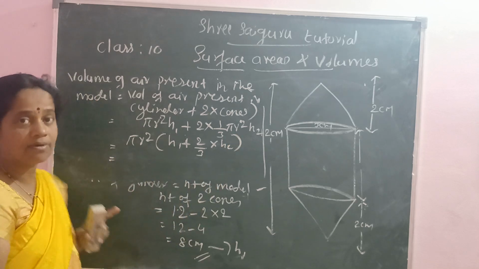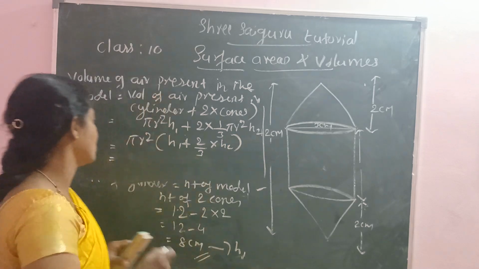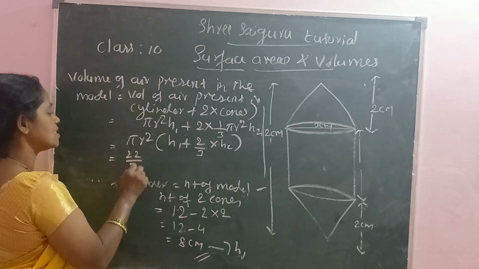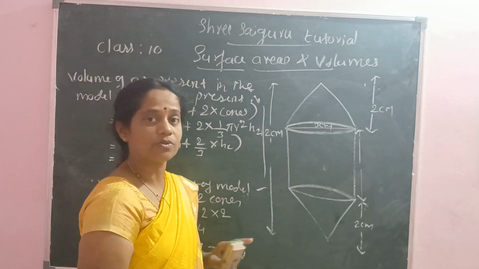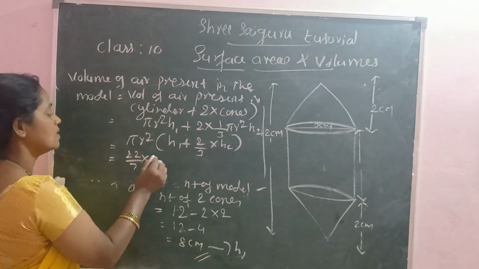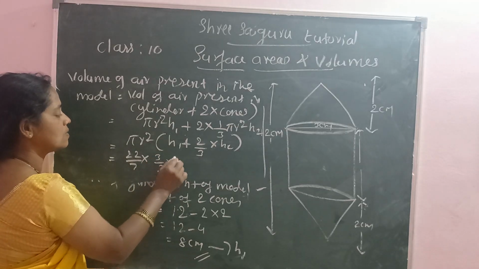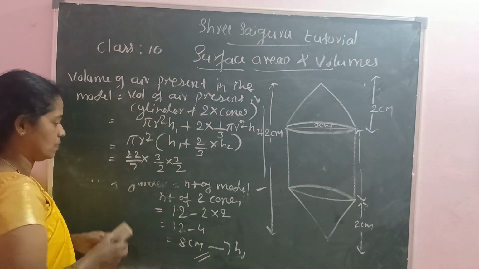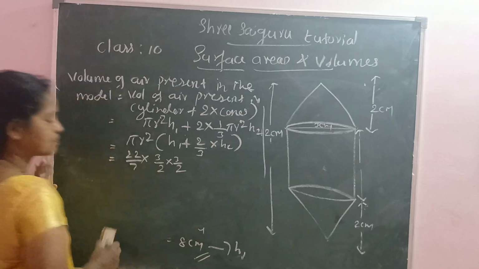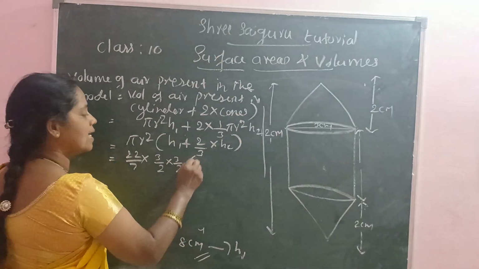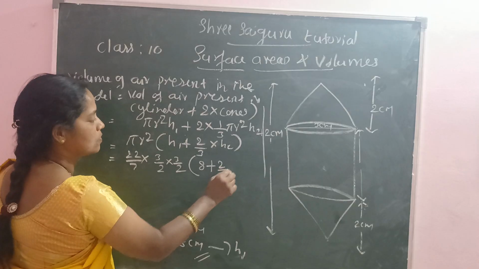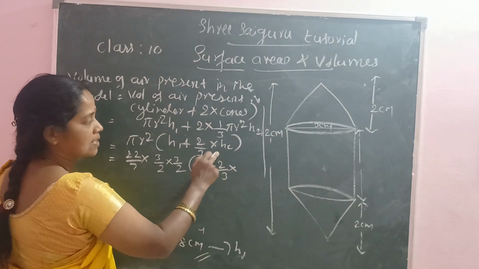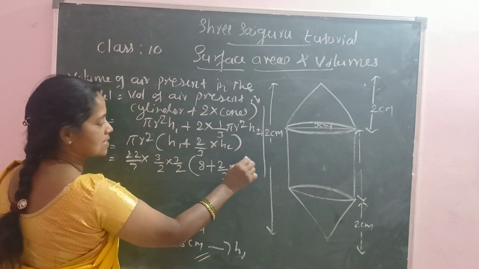Now the pi value is 22 divided by 7, into what is r? r is 3 by 2, that is 3 by 2 into 3 by 2. Next, h1 is the height of the cylinder we calculated here, that is 8 cm, plus 2 by 3 into h2. The height of the cone is 2 cm.